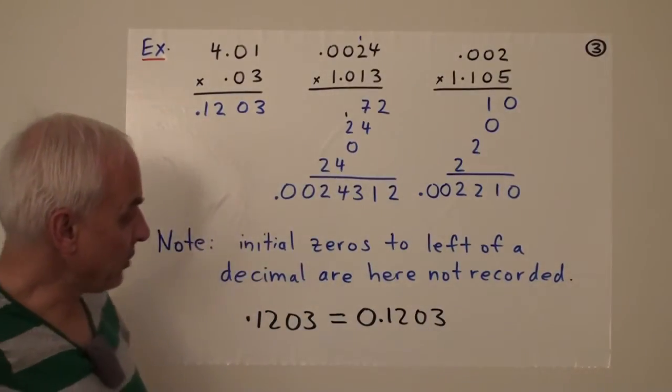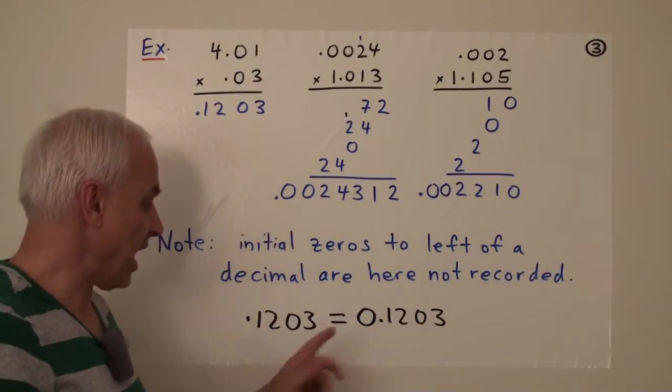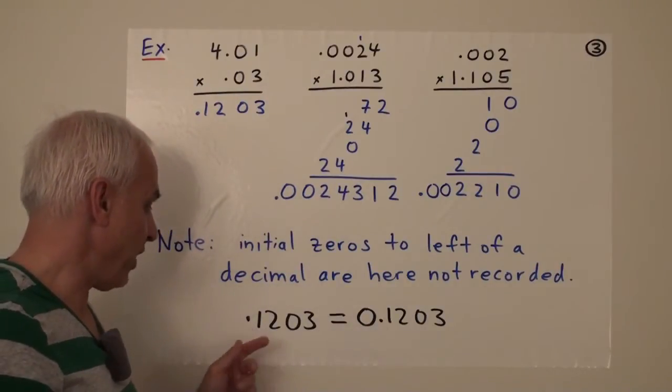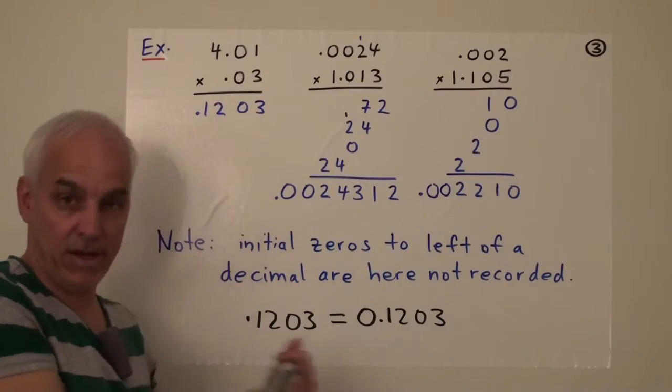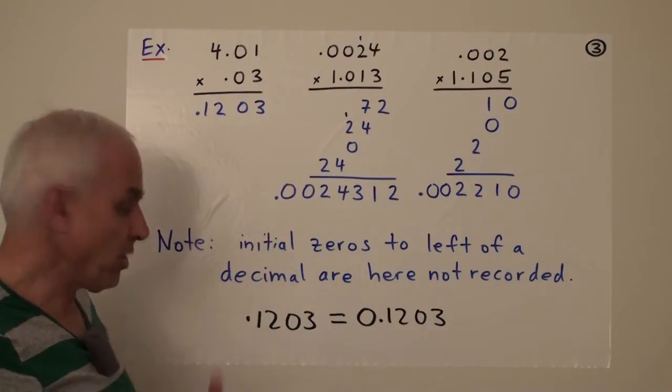You might ask why they do that. Well, they do that to minimize confusion. Sometimes it's not entirely clear that this decimal point is a decimal point and maybe not a period from some previous sentence. But we don't have to worry about that.